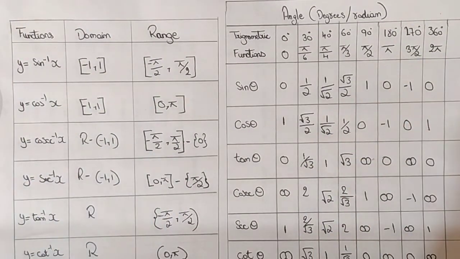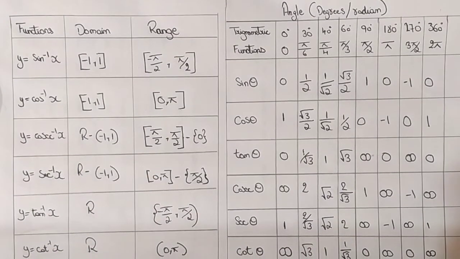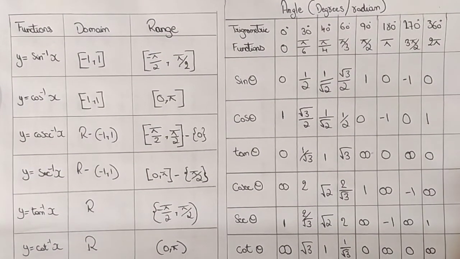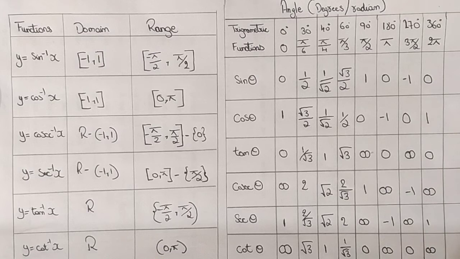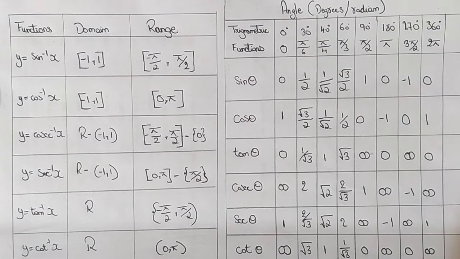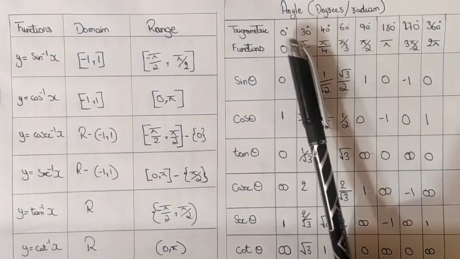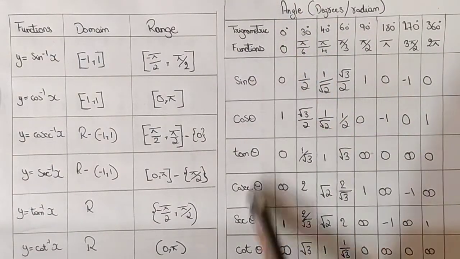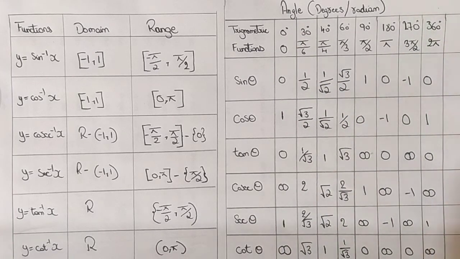which I have given here, you need to remember all these for a good grip, or for a better understanding of your inverse trigonometric chapter. Now first I will go with this particular thing. Here I have written all 6 trigonometric functions with different standard angles, and I have written the values.